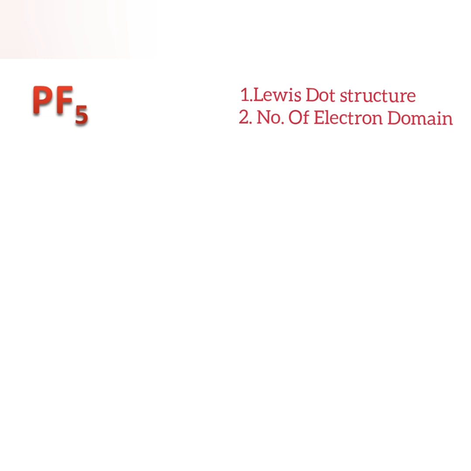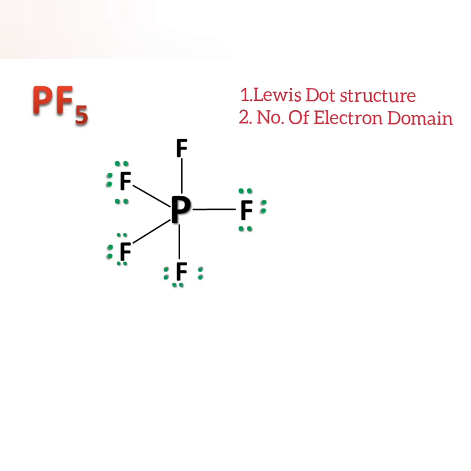For our next example, we have PF5. When you are asked to determine the hybridization of, say, phosphorus in PF5, from our rule, we first draw the Lewis dot structure of PF5 and then count the areas of electrons, or number of electron domains, around phosphorus. The Lewis dot structure of PF5 shows phosphorus as the central atom with 5 P–F single bonds. That is 5 fluorine atoms around phosphorus and 3 lone pairs of electrons around each fluorine atom, like this.